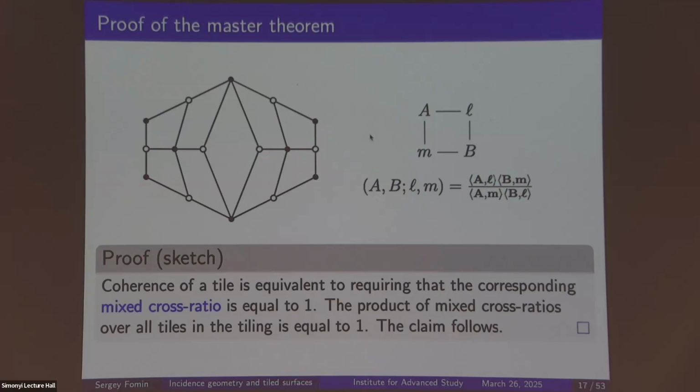And indeed, each of them appears exactly once in the numerator and once in the denominator, because where it appears is determined by whether, when you go clockwise around the face, the white end precedes the black end. On one side of that edge, the white comes before the black in the clockwise ordering, and on the other side of that edge, it's the opposite. So you get a completely telescoping product, and everything cancels out. End of proof. Is the proof clear?